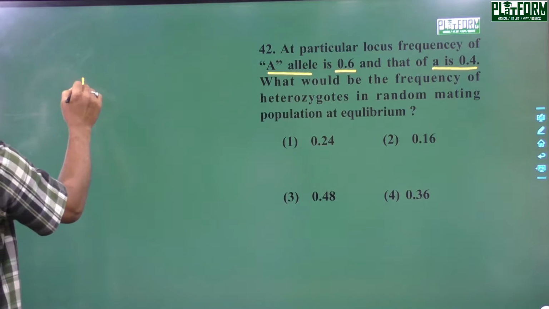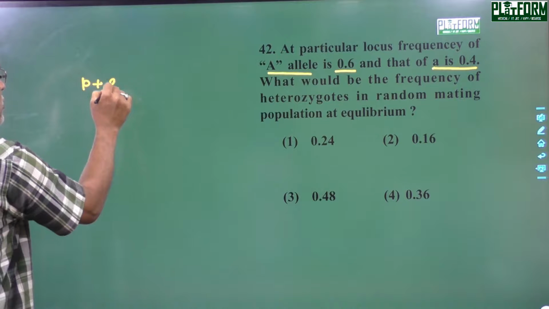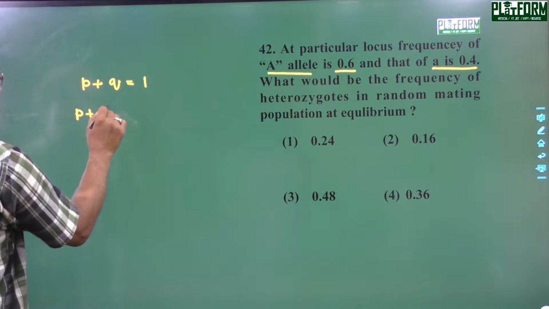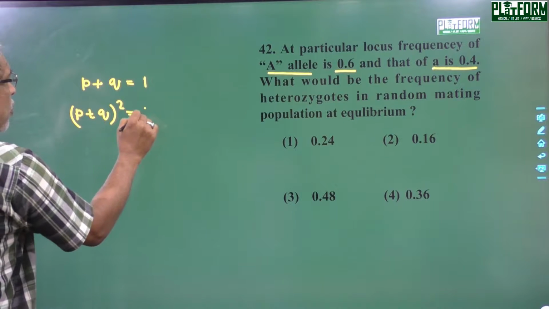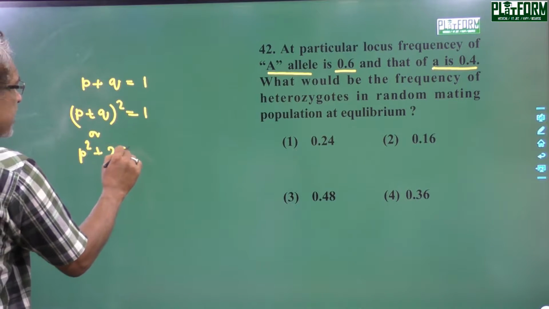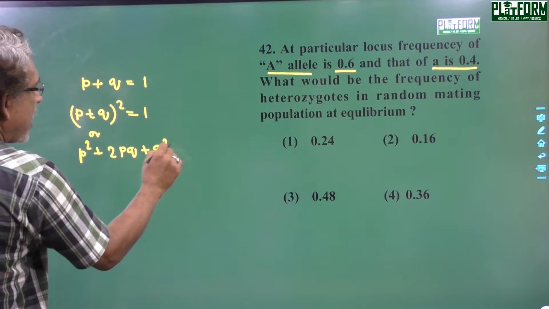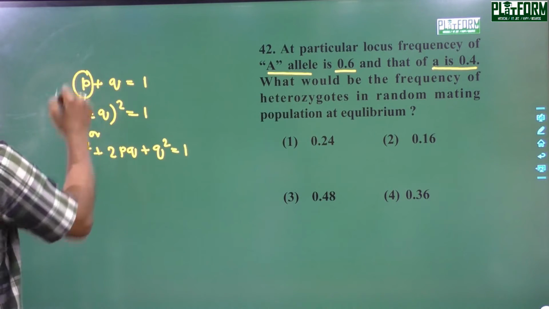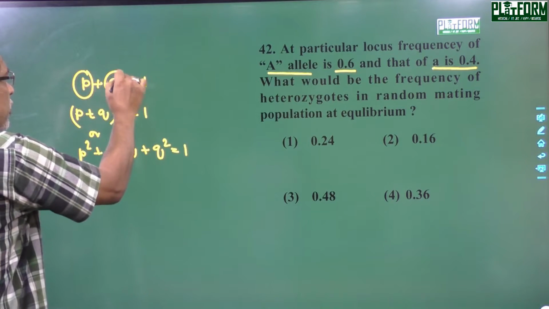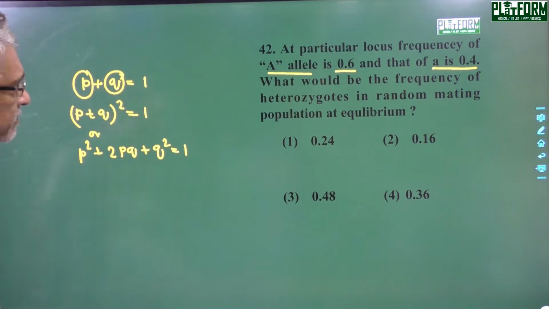According to Hardy-Weinberg equilibrium, p plus q equal to 1 or (p plus q) whole square equal to 1 or p square plus 2pq plus q square equal to 1. p for dominant factor, q for recessive factor.